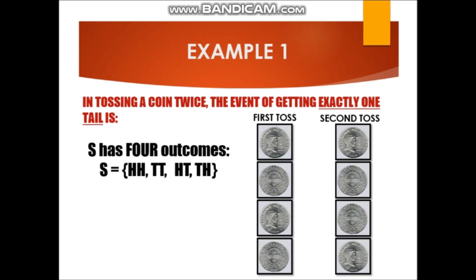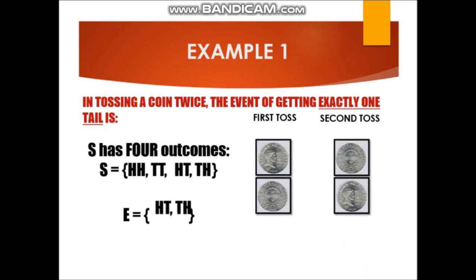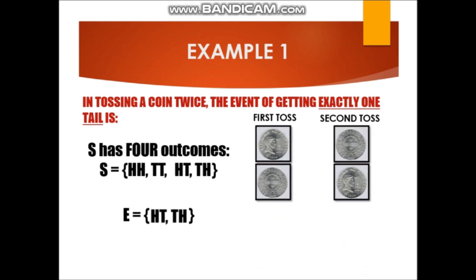Based on our discussion earlier, in tossing a coin twice we have four outcomes: head-head, tail-tail, head-tail, and tail-head. But out of these four outcomes, we only have two elements with exactly one tail, and those are head-tail and tail-head.